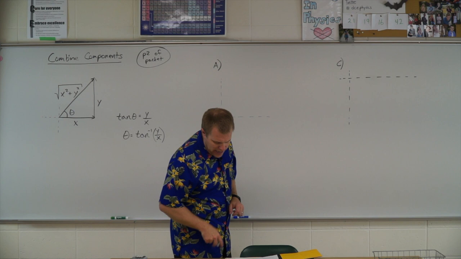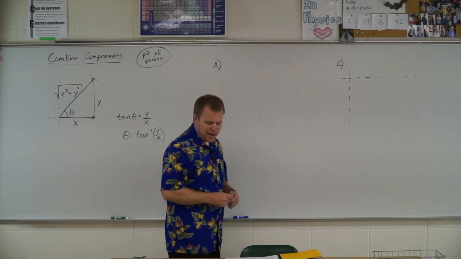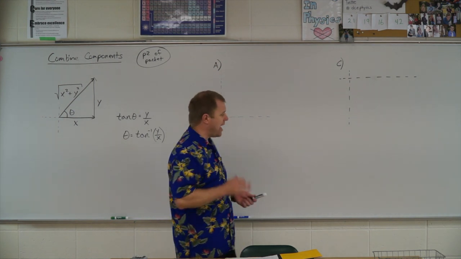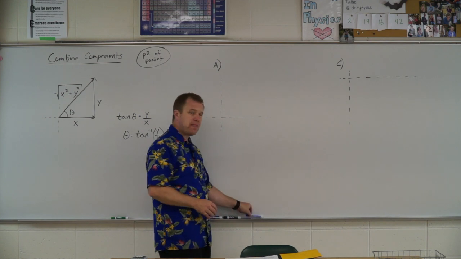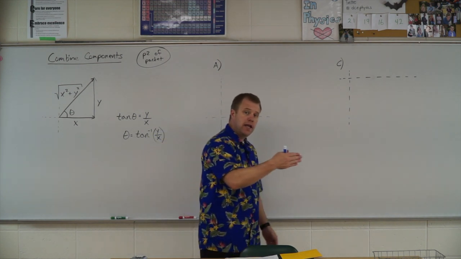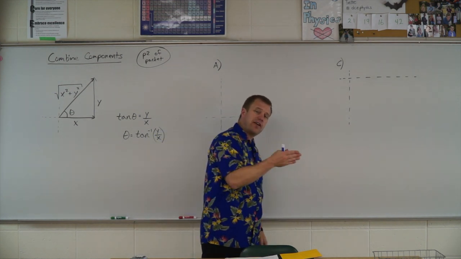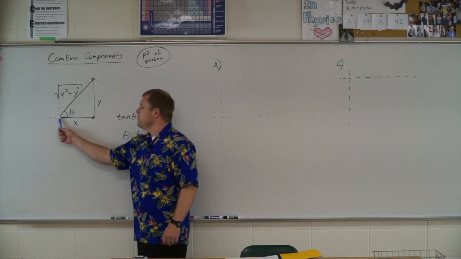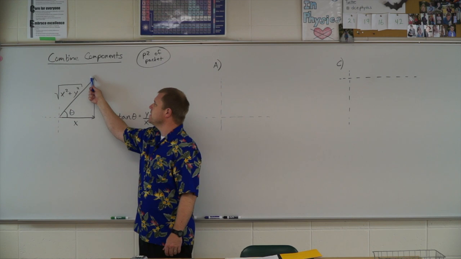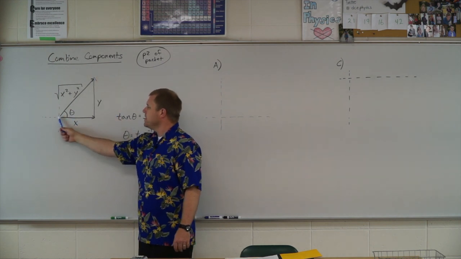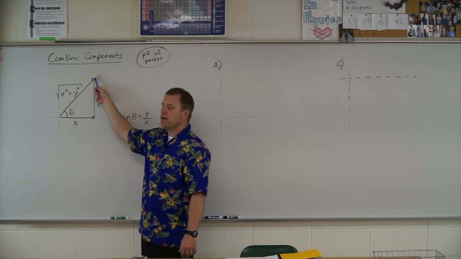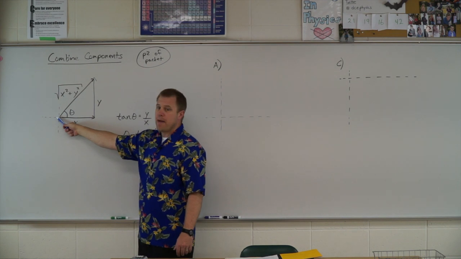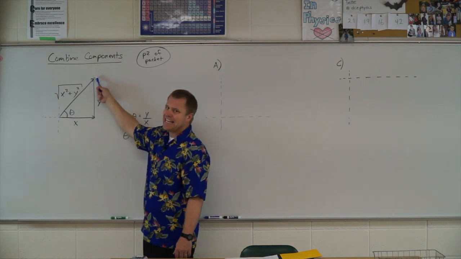So A has 4 meters and 5 meters, and they're both positive. How I draw these is I draw one, and then I draw the other one right off the end of the first one. Because the idea is that this is my starting point, this is my ending point. Whether I take the component method to get there, or whether I take the magnitude and direction method, I end in the same spot.